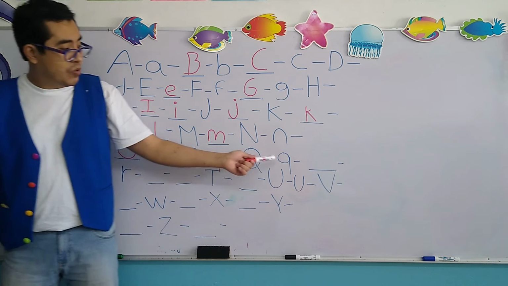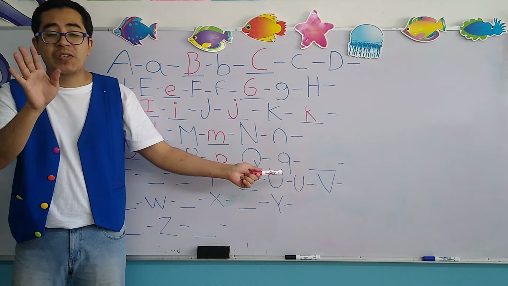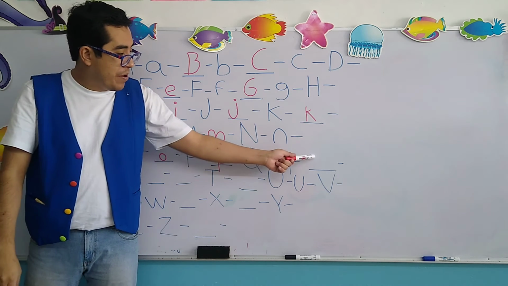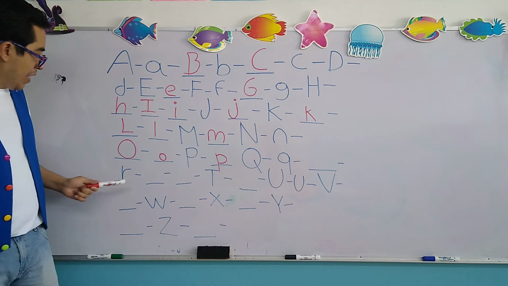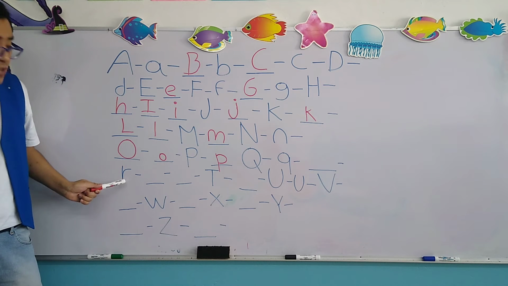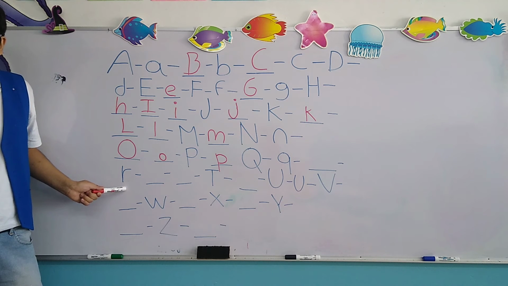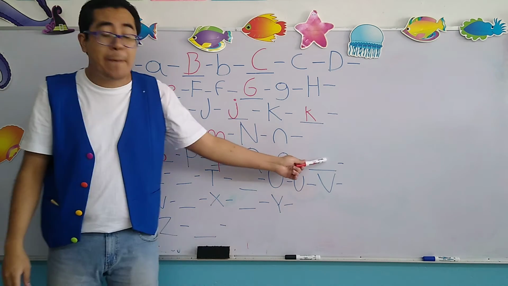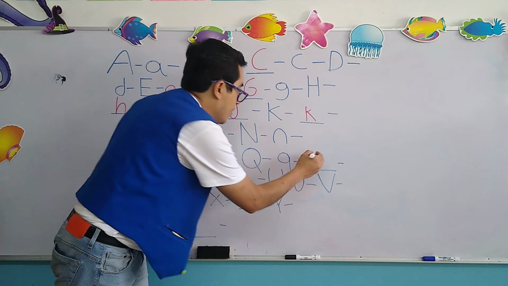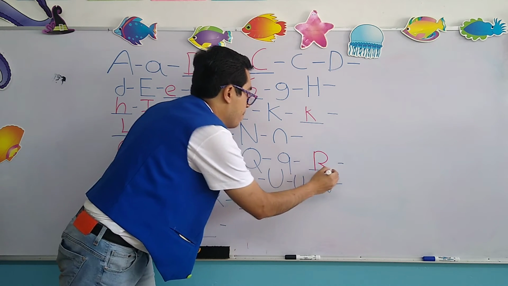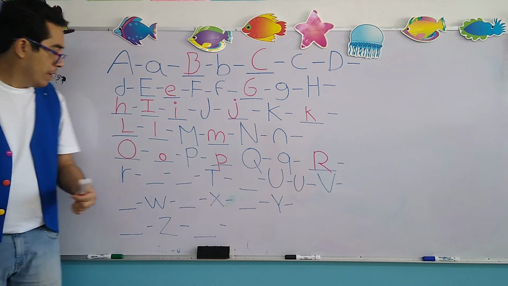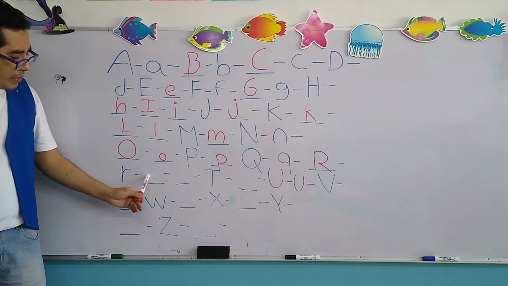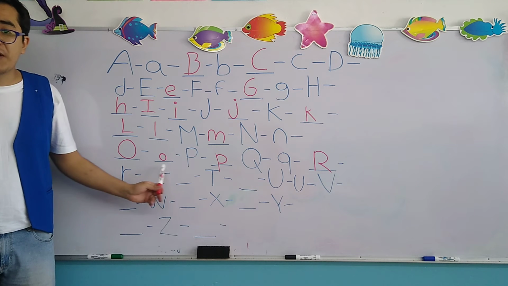Capital Q, small q. So no missing letters there. Here we have a blank space, and here the letter that appears is small r of Rodrigo. So the previous letter is capital R of red. Small r, and once again here we have two blank spaces.